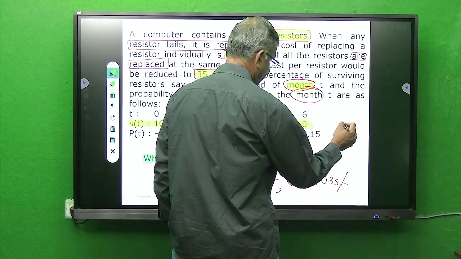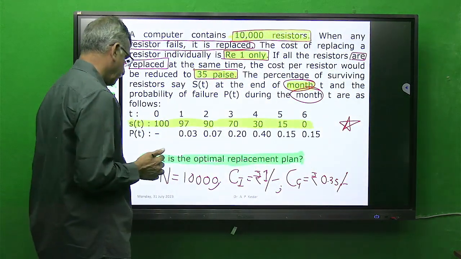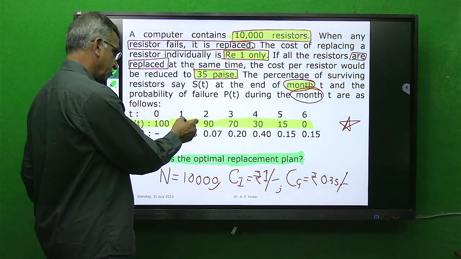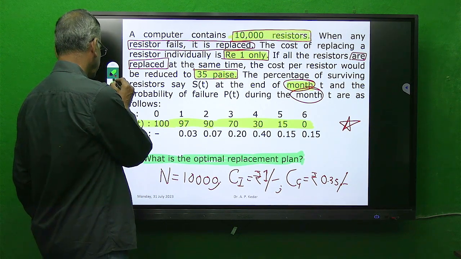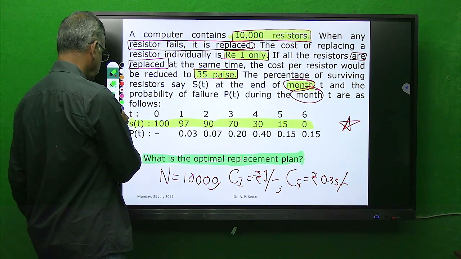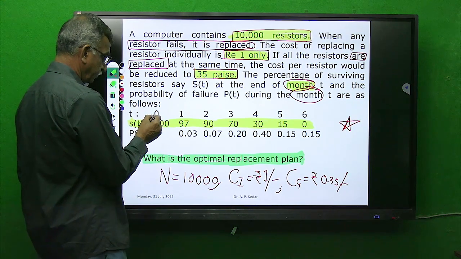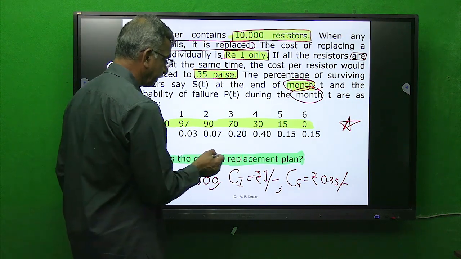This is very, very important. In the exam you may be given only these two rows. How to calculate the further values? Keep this in mind, I will explain. We want to find the probability of failure for each respective period.